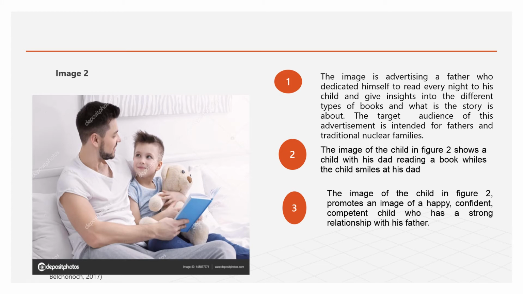So this image shows the child with his dad reading a book while the child smiles at his dad. The image of the child in Figure 2 promotes an image of a happy, confident, competent child who has a strong relationship with his father.